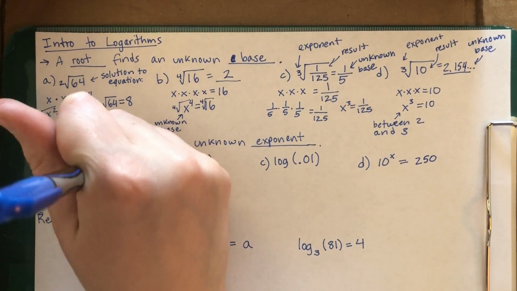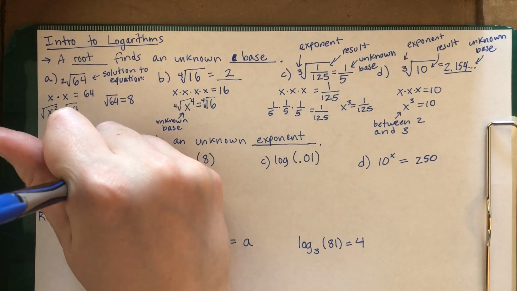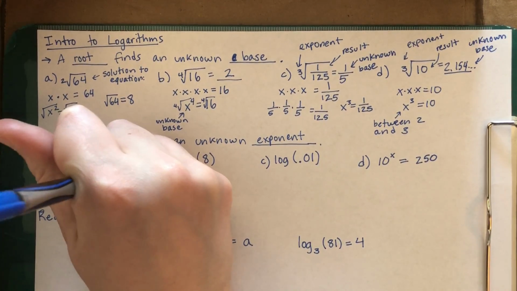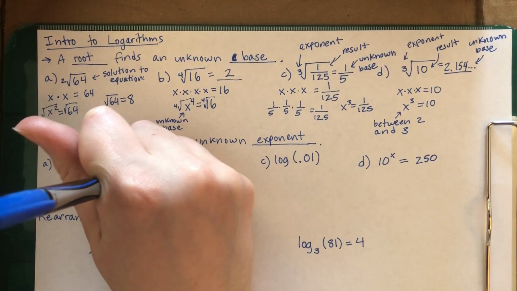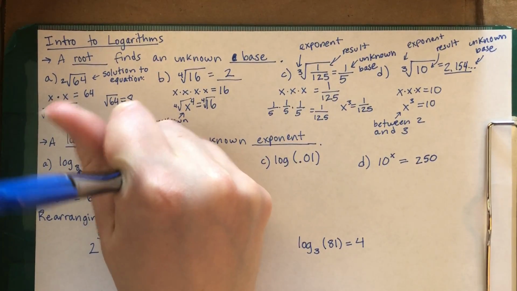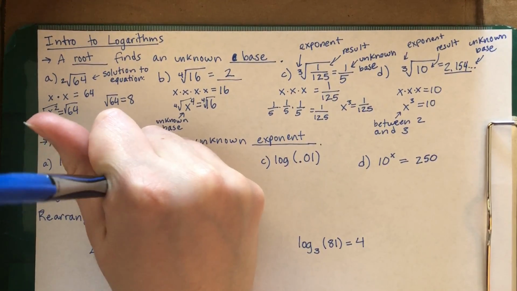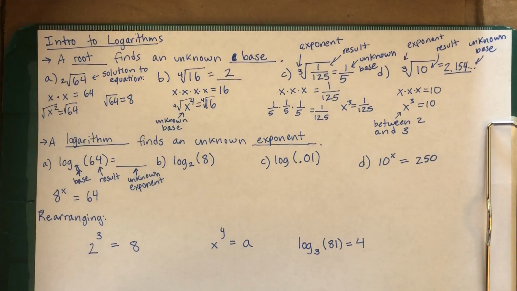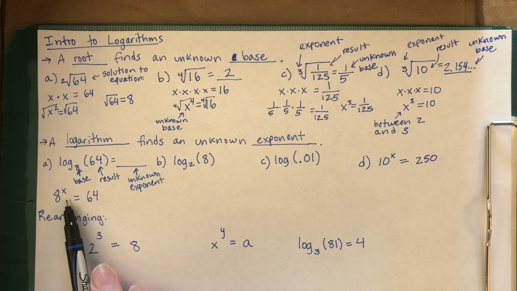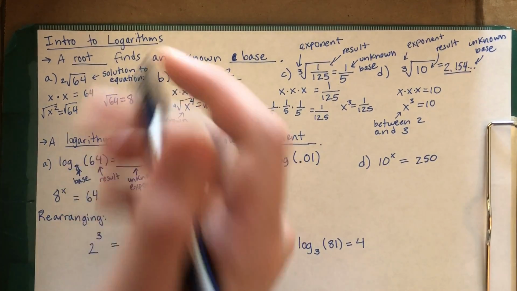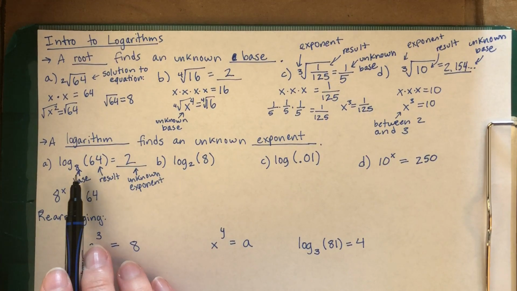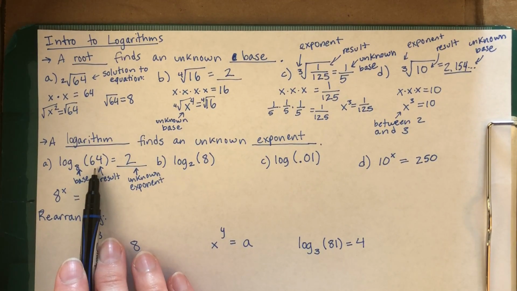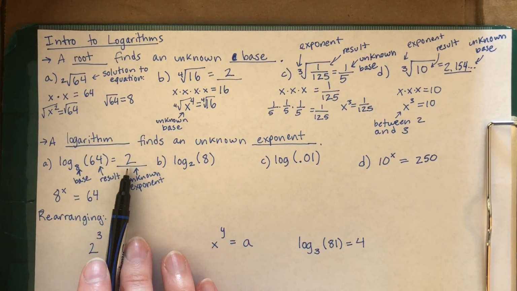The number inside is the result, and the answer to the log is the unknown exponent. So hopefully you can tell what number should go here to get 64 in the answer, and that number is 2. So we say that the log base 8 of 64 equals 2.